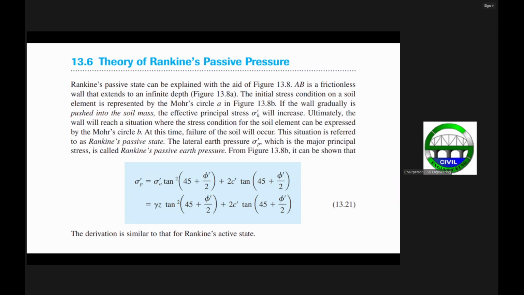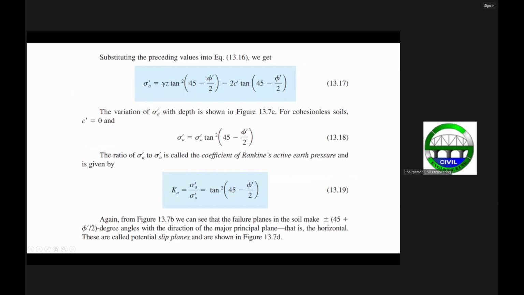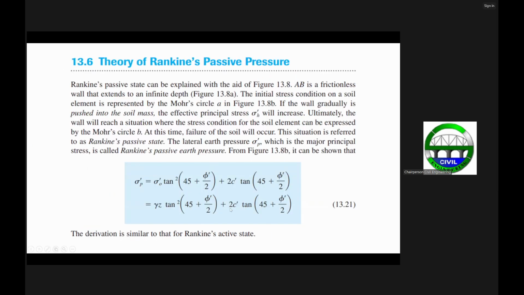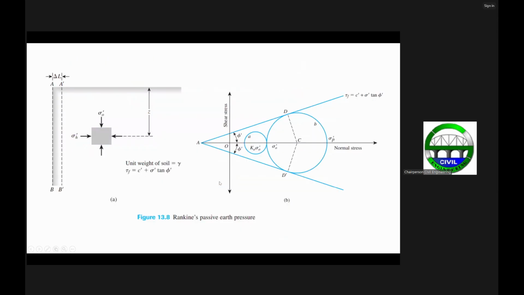The only difference is that for the active earth pressure condition everything here is minus, minus, and minus, while for the passive earth pressure condition you have plus, plus, and plus. So please take note of that. We now call this the Rankine's passive earth pressure.